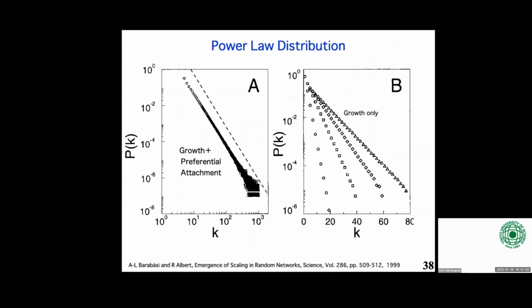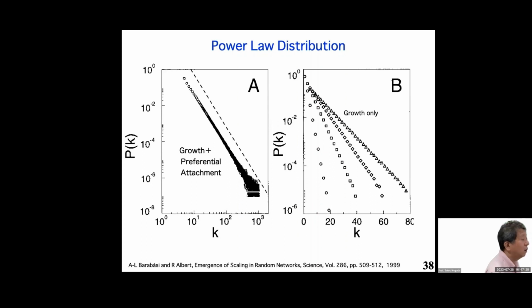By providing these two features, growth and preferential attachment, Barabási and Albert showed that the power law appears in the degree distribution. Please look at the left figure. In A, both the horizontal and vertical axes are logarithmic.